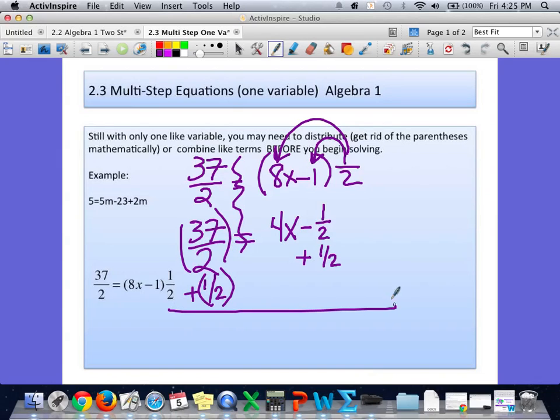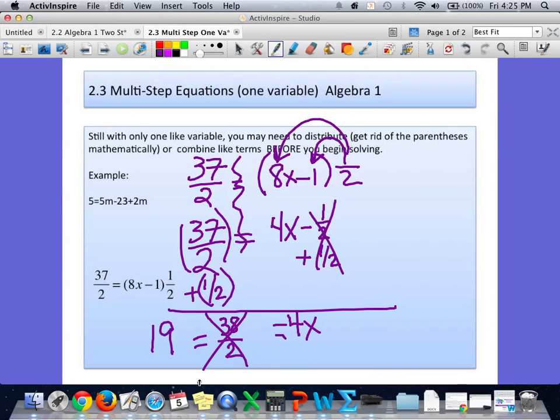That just makes 0, and I have 4x is equal to 37 halves, add another one, make 38 halves. 38 divided by 2 simplifies to 19.